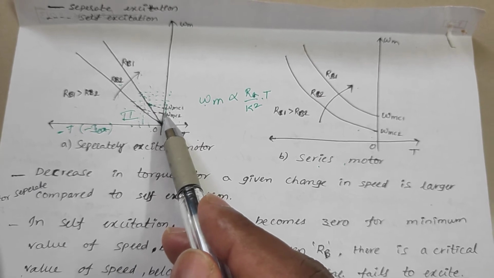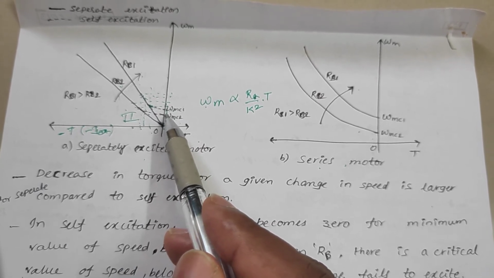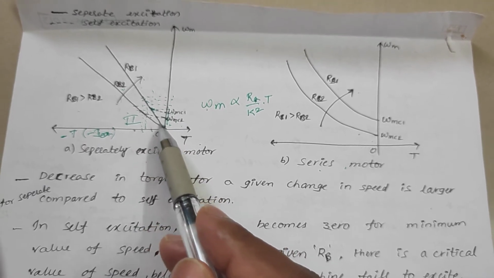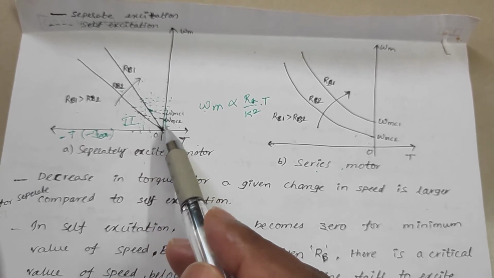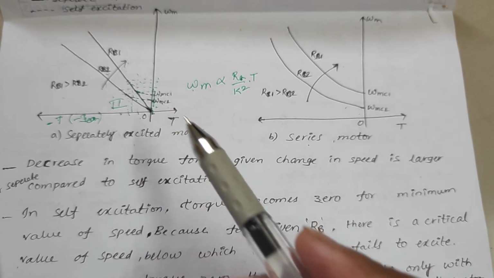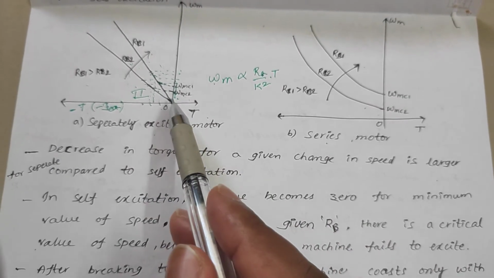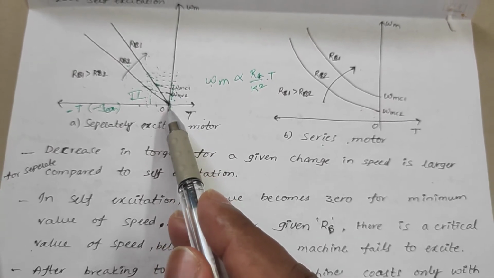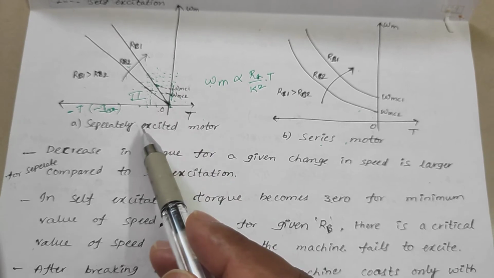Here torque is not equal to 0 at this position. But for the solid line, separately excited, torque becomes 0 at speed equal to 0. Here speed is not equal to 0; it has a minimum critical speed.